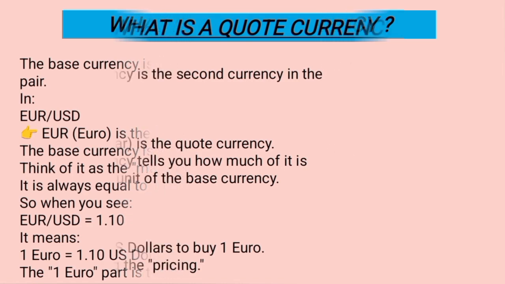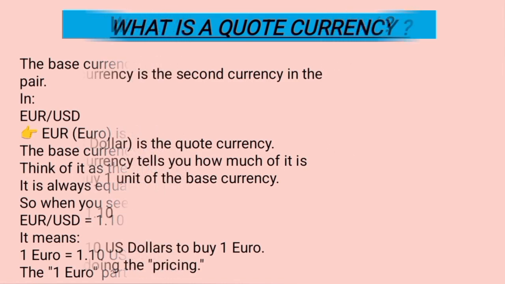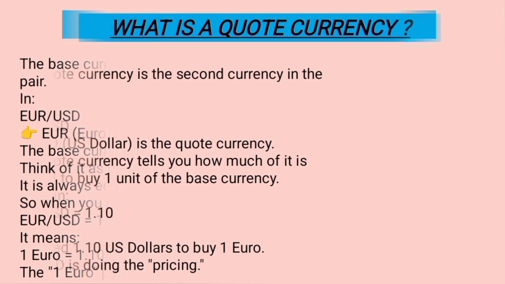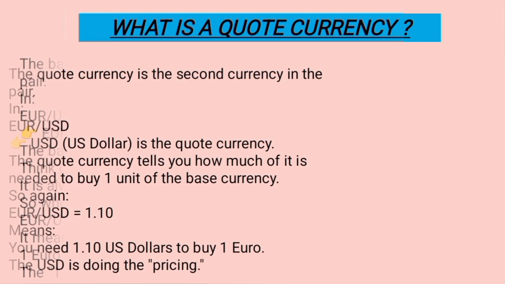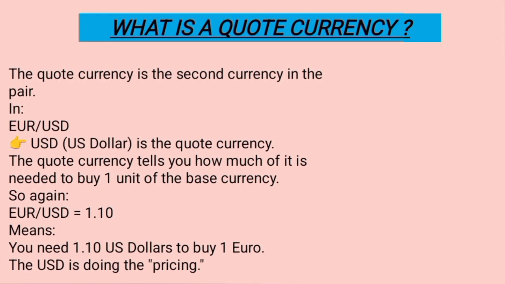Next we're going to talk about what a quote currency is. Just like the base currency, the quote currency is the second currency in the pair. So in the EUR/USD, the USD becomes the quote currency, which is the second currency. The quote currency tells you how much of it is needed to buy 1 unit of the base currency. Again, if the EUR/USD is selling at 1.10, it means you need 1.10 US dollar to buy 1 euro.